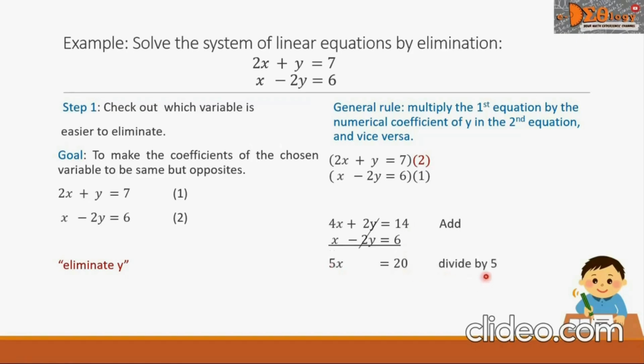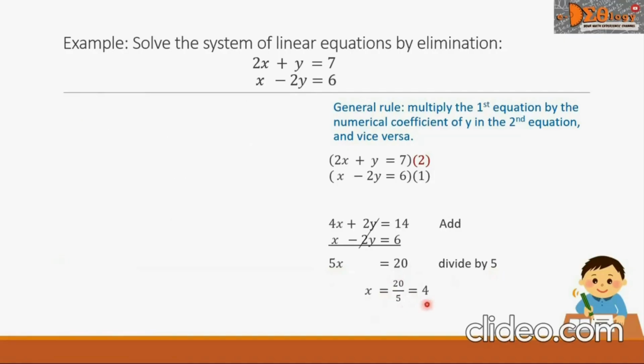If we divide this equation by 5, the coefficient of x will be 1, which means we can simply copy the x down here, and on the right side, we have 20 divided by 5. And simplifying this, the quotient is 4. So we have a value of x as 4.